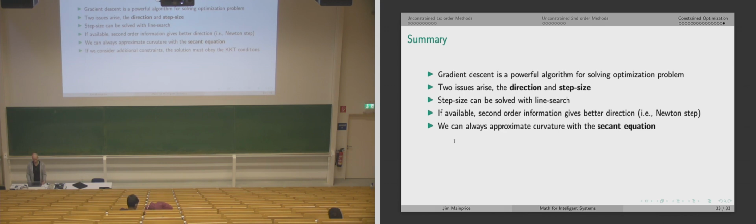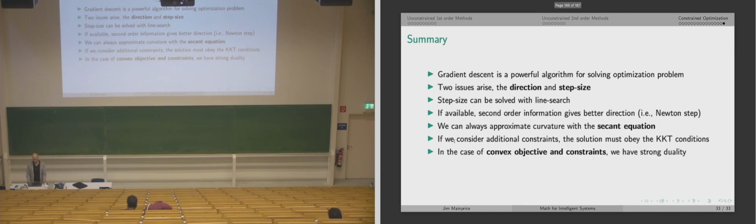If we consider additional constraints, the solution must obey the KKT conditions. There are 4. The 2 most important are the stationarity condition and the fourth one, the one that has to do with the inequality constraints. And in the case of convex objective and constraints, we have strong duality. And so sometimes solving the dual problem is actually easier.